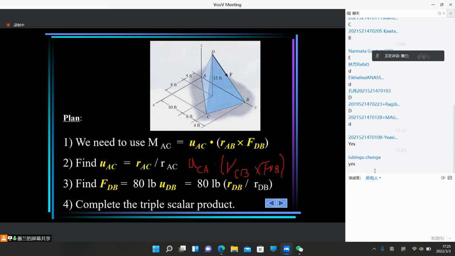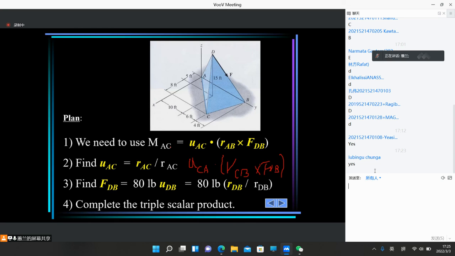Why? Because we said if you want to calculate the moment about an axis, the first step is to choose one arbitrary point on this axis, right? To calculate the moment of F about this point.